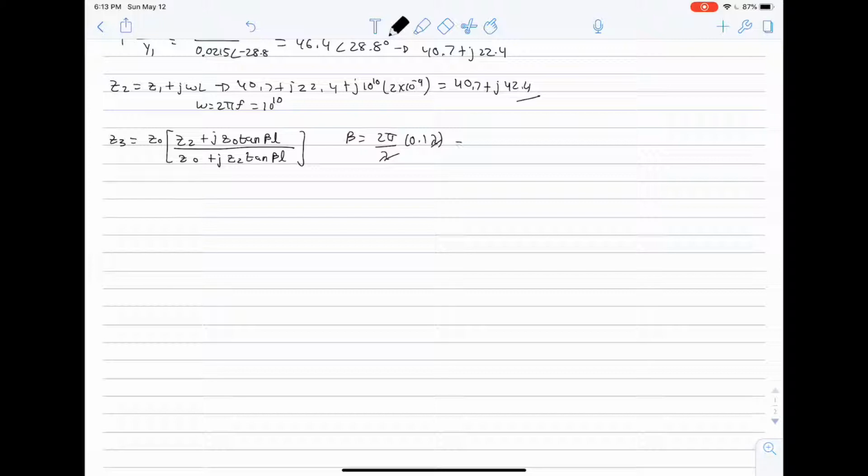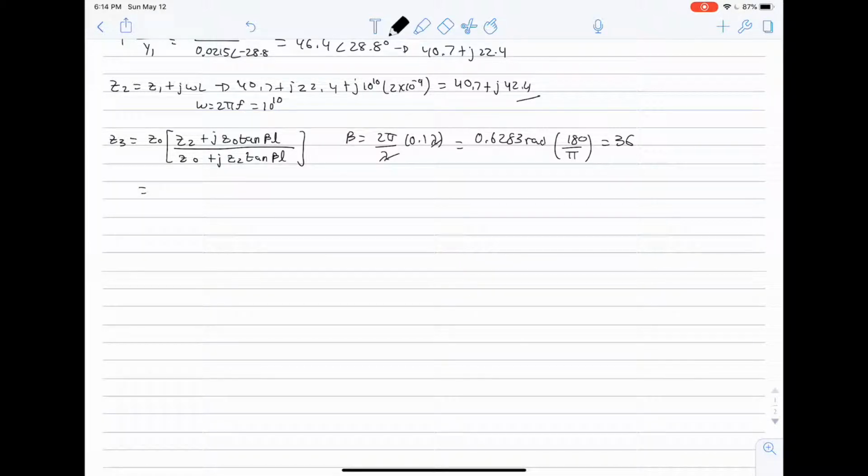So lambdas cancel out, and we get 0.6283 radians, but we want to convert it into degrees because we want to find the tangent of that angle. To convert to degrees, it's 180 over π times 0.6283, which simply gives us 36.